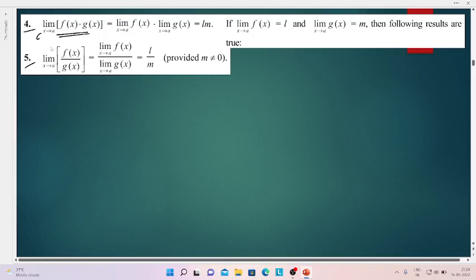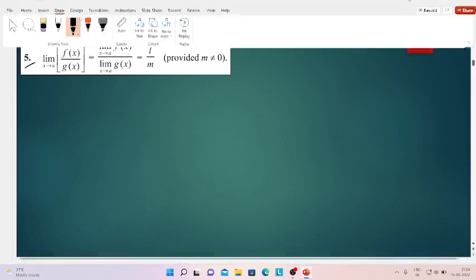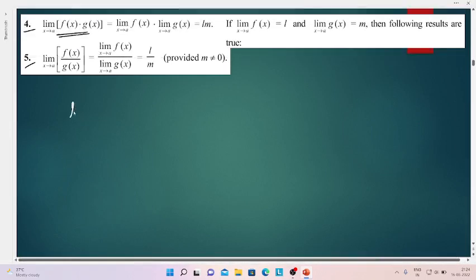What the product rule says is, if we have to calculate the limit as x tends to a of f(x) times g(x), the product of the two functions, then that will become the limit of f(x) times the limit of g(x).